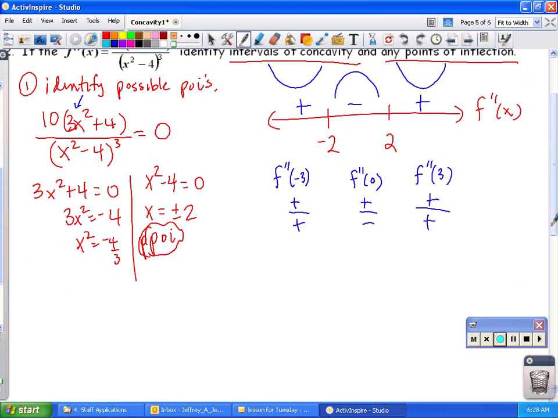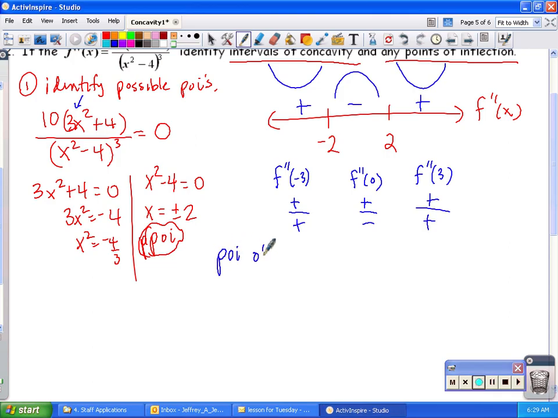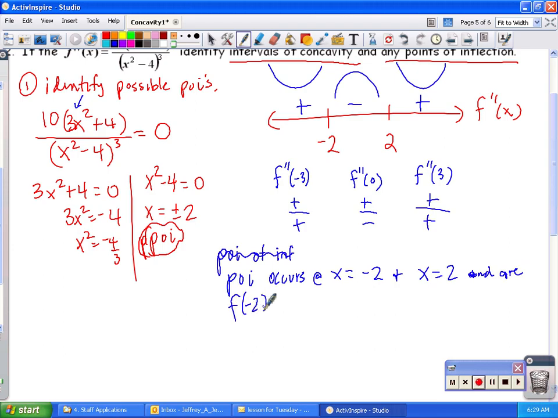Alright, so when I interpret my number line, remember it's all about the original function. We're always looking for information about the original function. So what that tells me is that a point of inflection occurs at x equal to negative 2 and x equal to 2.